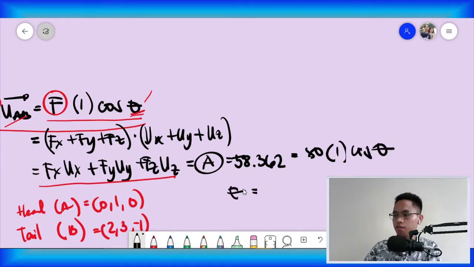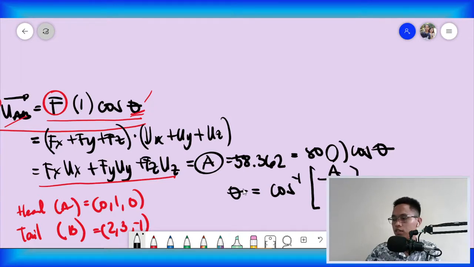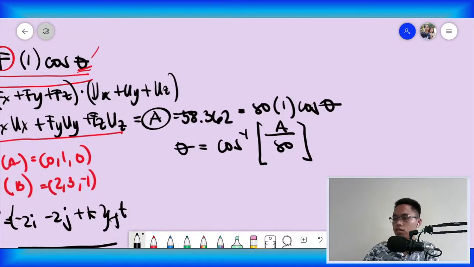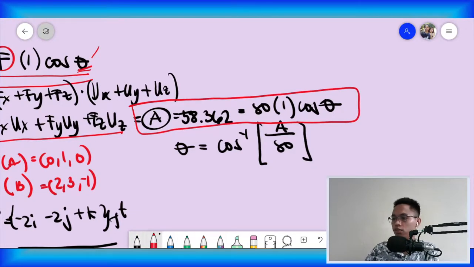Therefore, our theta is just simply the arc cosine of A over 80.